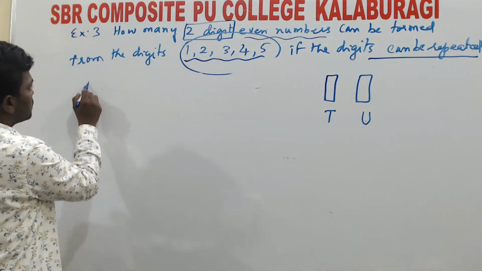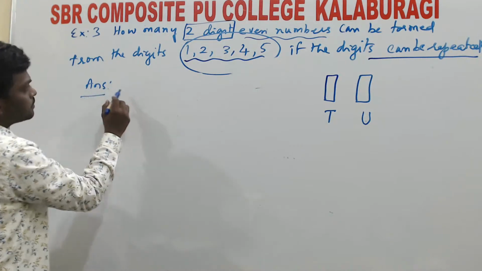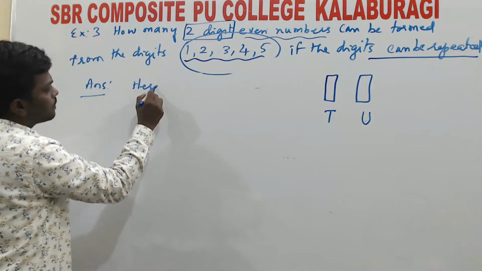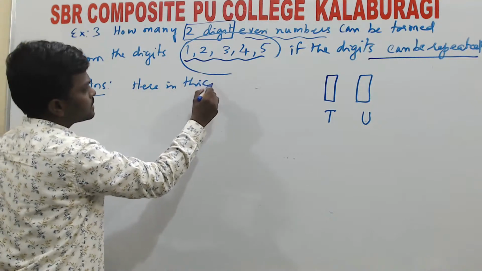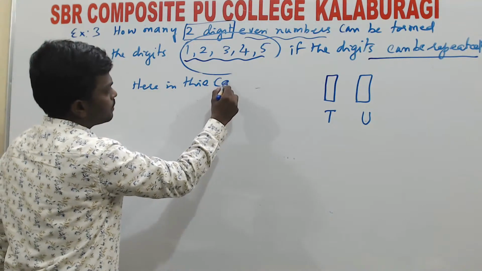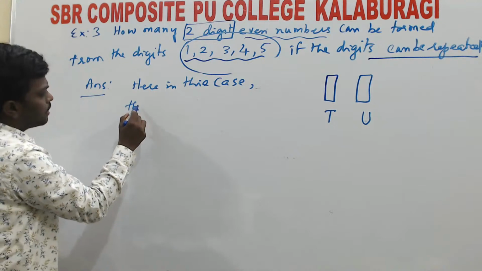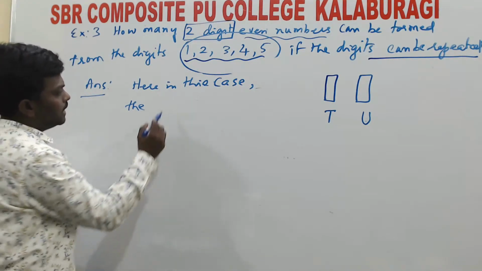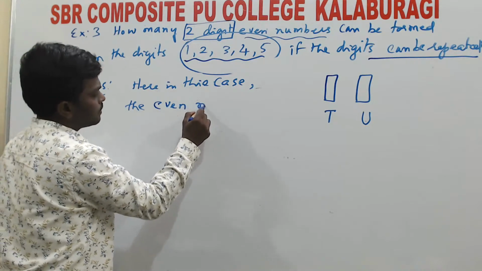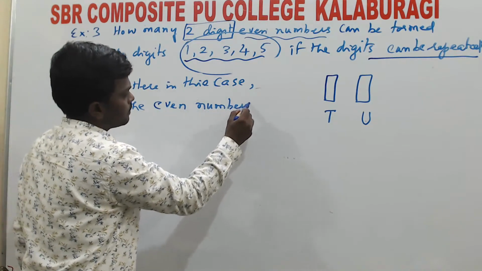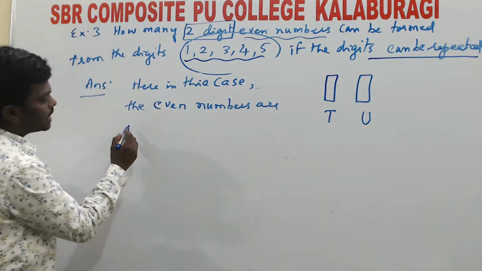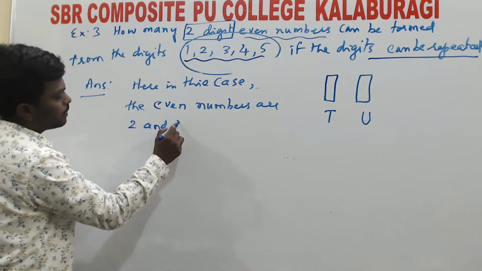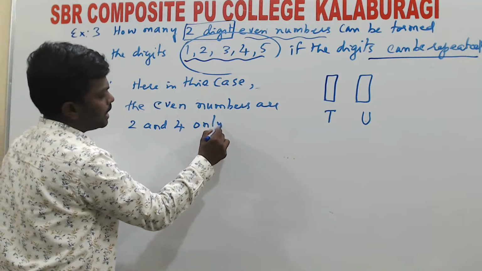Okay, so answer here in this case, the even numbers are 2 and 4 only.